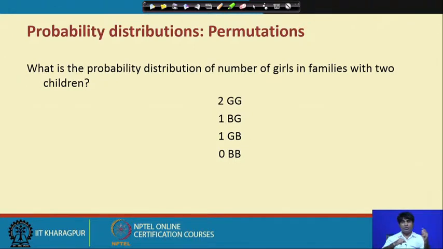Otherwise, in one family there is 1 girl and 1 boy, and again the reverse is also true. So there are 4 such possibilities that can occur. Obviously, while analyzing this kind of problems, permutations and combinations play an excellent role in creating distributions as per the particular engineering requirement.